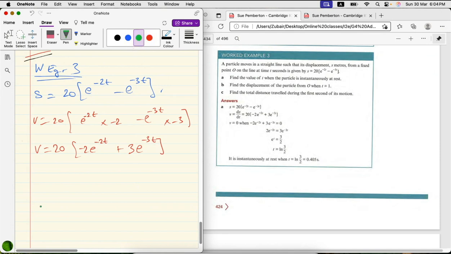And when it is at rest, v is 0. Dividing by 20, we're left with minus 2 e raised to power minus 2t plus 3 e raised to power minus 3t equals 0. Now 2 comes on this side and gets positive.